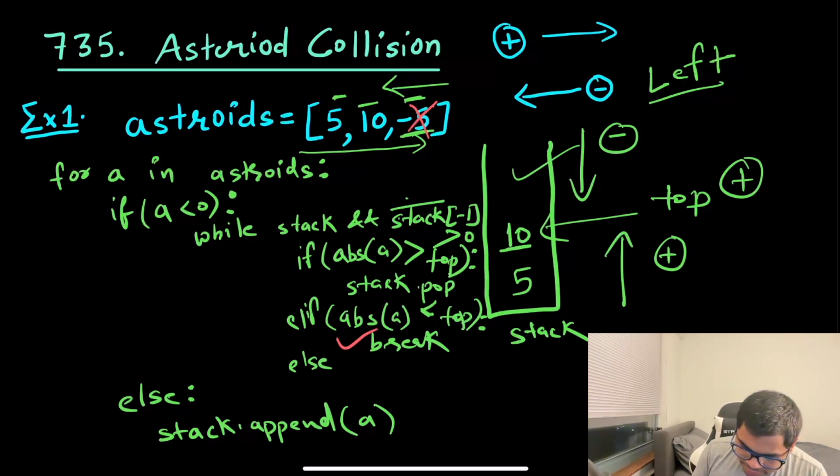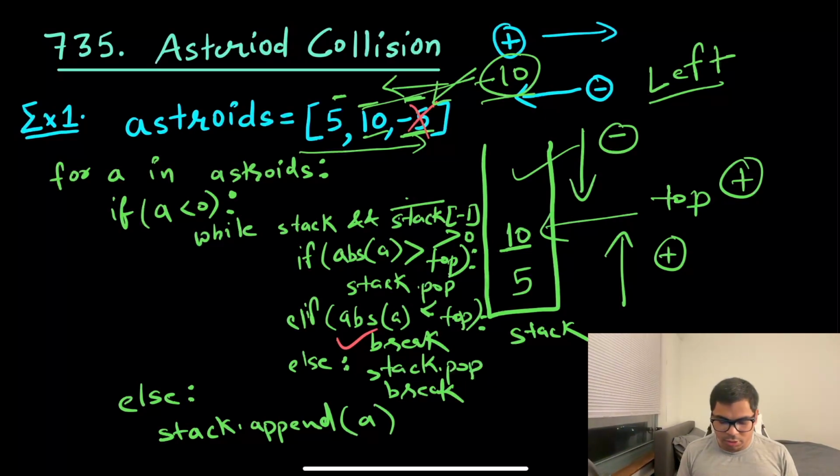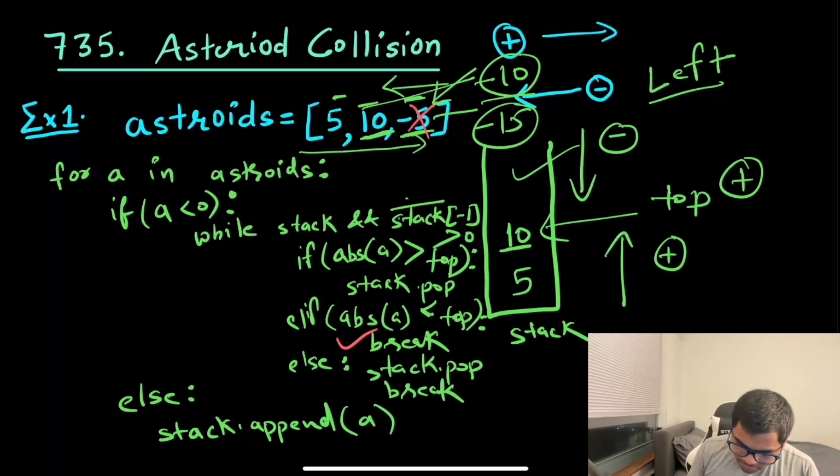But there is one more case I want to write. Else, let's say instead of negative 5, this was negative 10. If this was negative 10, they're both equal, which means both of them get destroyed. So else, both of them get destroyed: I'll do stack.pop and break here, because both got destroyed. Otherwise, if this was negative 15, it will destroy this 10.